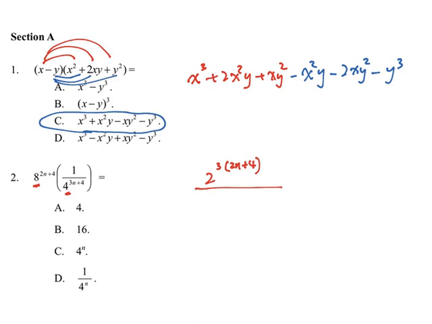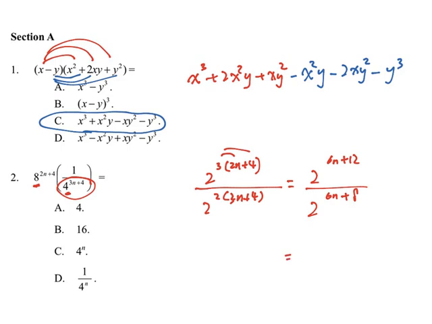And for the denominator, for 4 is 2 to the power 2, so 2 times 2n, 3n plus 4. And then we expand it, so 2 to the power 3 times 2, also rainbow, so 6n plus 12. And for the denominator, 2 to the power 6n plus 8.